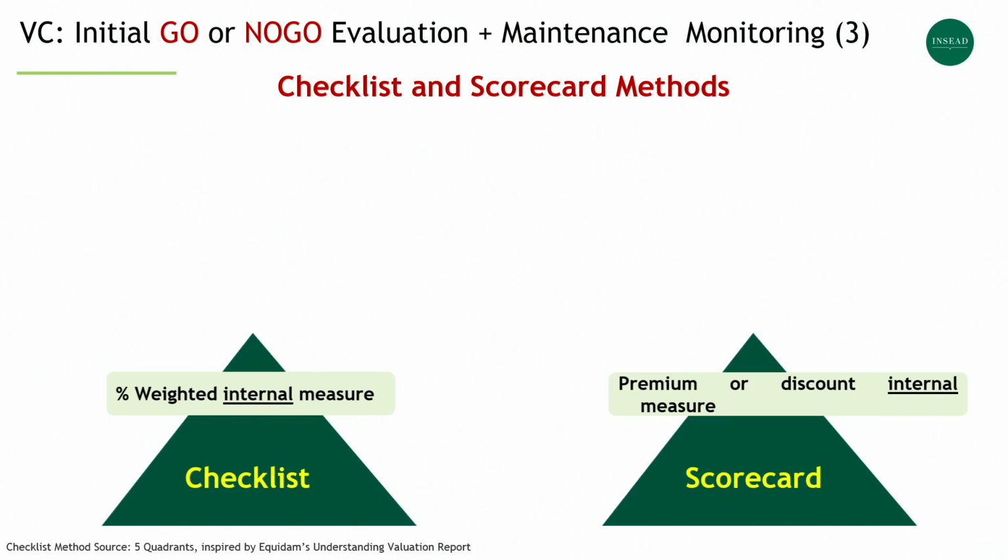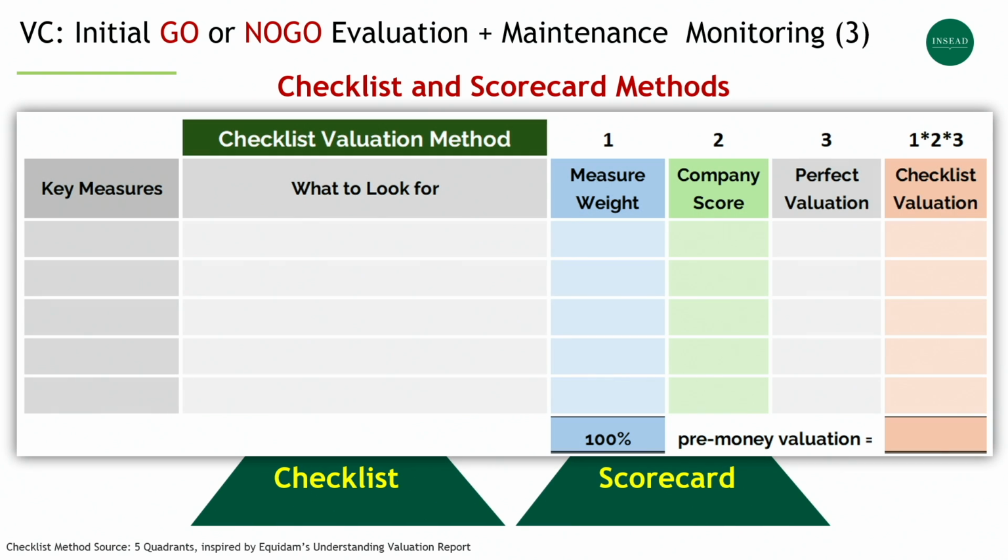Okay, checklist and scorecard methodology. Let's start off with a checklist. As you can see here, the VC will have developed, call it a scorecard, that allows them to assess every startup at arm's length. So, for example, the founder's team. Do they have previous experience as startups?